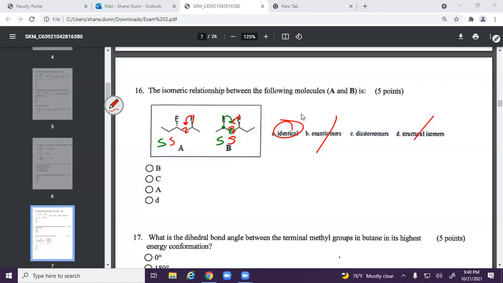Makes sense? The molecules are literally just flipped. So they're the same molecule, just flipped. Cool. I want to keep going and assume you guys are understanding. If not, say something.